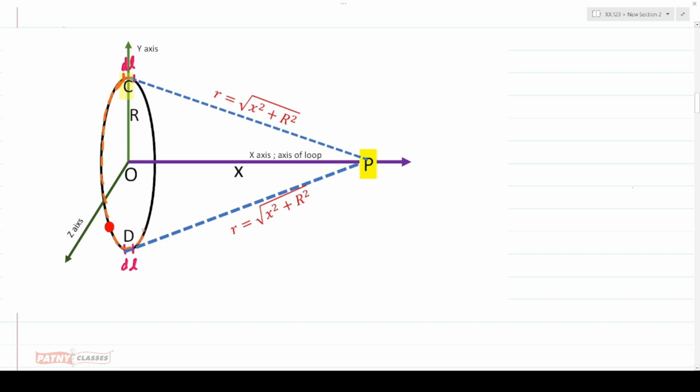Current is flowing through this coil, and we are considering so many small elements present on this loop, and every small element is producing a magnetic field. The magnetic field produced by a small element can be obtained by using the Biot-Savart law.